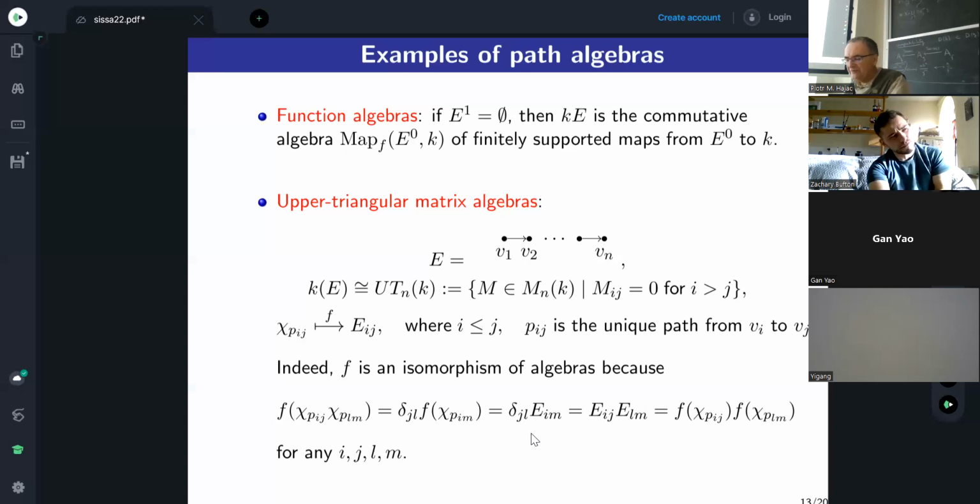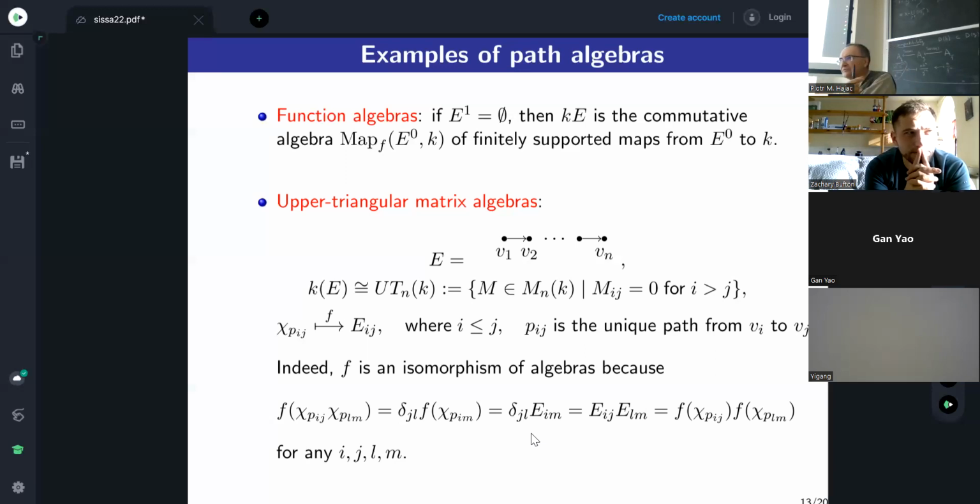You can verify that you have an algebra isomorphism by sending chi Pij. What are all paths in this graph? If I fix your starting point and your ending point, I have only one path to connect them. So all paths are Pij, where i and j are indices. If i is equal to j, then I just have a vertex. If j is less than i, forget it. There's no going back.